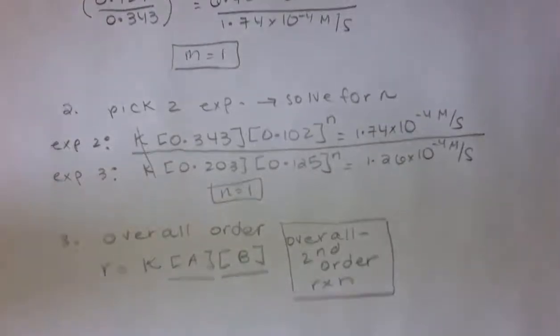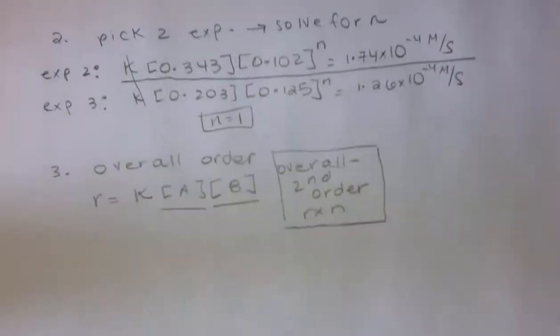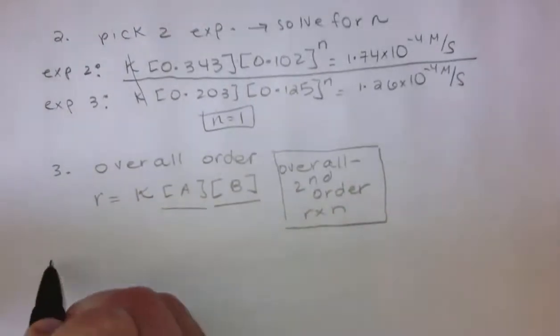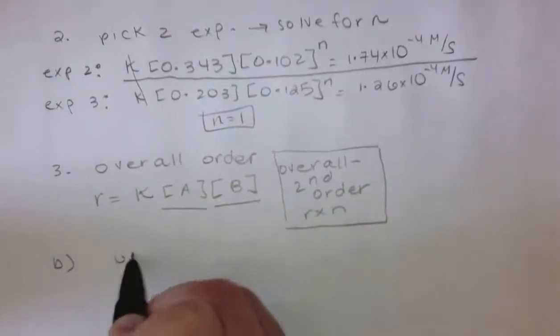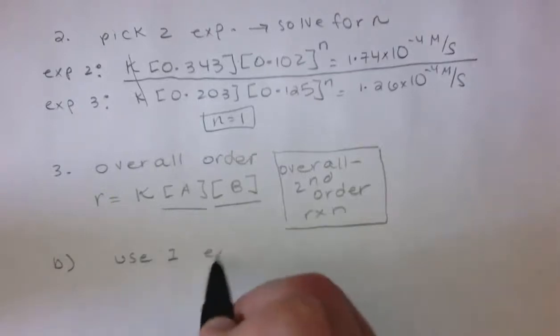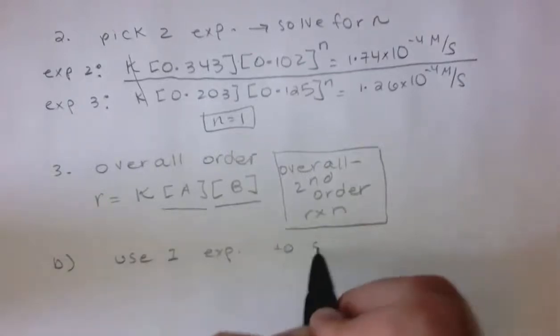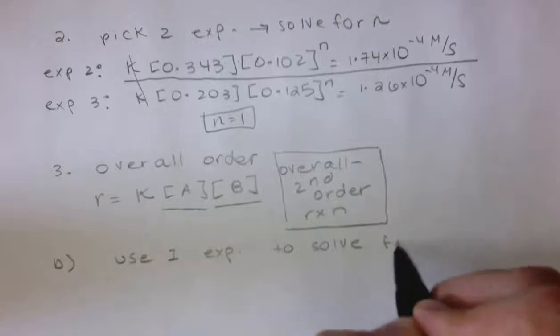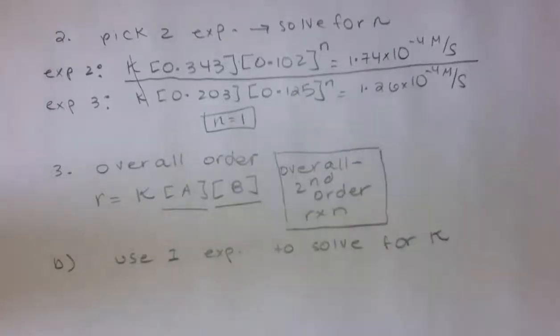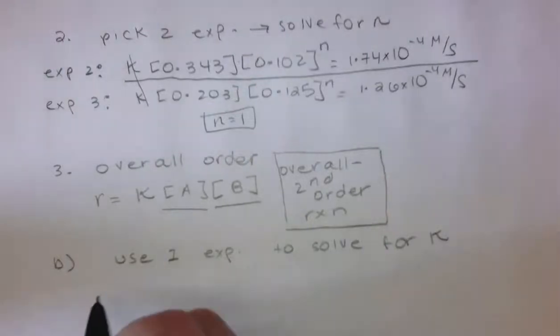So now that we have that, we can determine the rate constant, and I'll just call this part B. We're just going to do this by picking one experiment to solve for K. We already did most of the work, so this won't be as calculation intensive.